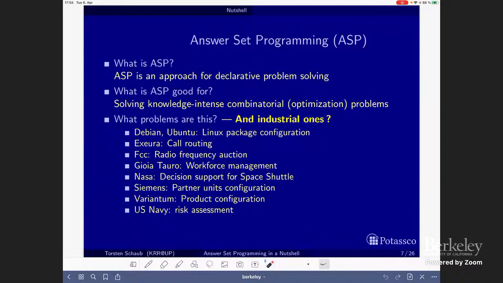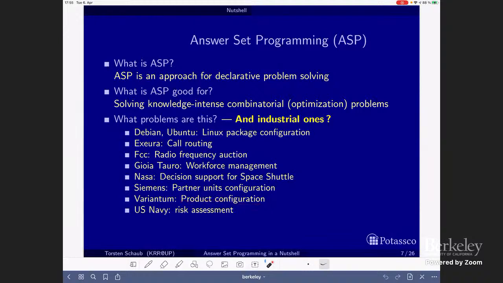Then I think the first spectacular application of ASP was done by Michael Gelfond at Texas Tech, who used it for decision support for the space shuttle. And the first spin-off that used ASP was done at the Technical University of Helsinki, now Aalto University, who used it for product configuration.